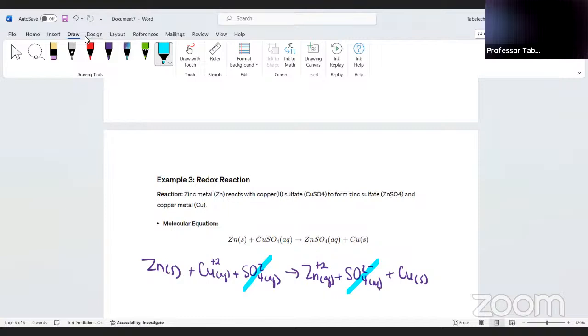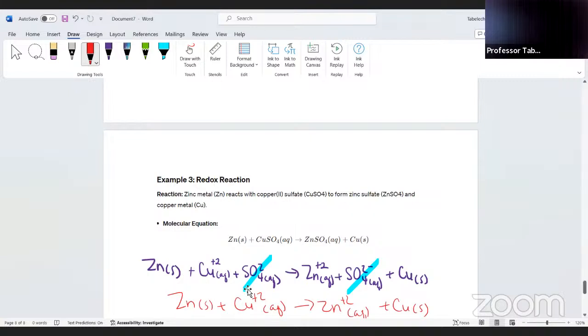These ions here, with your zinc solid plus your copper aqueous, producing your zinc 2 plus aqueous plus your copper solid, okay? That's your end result for this particular reaction. You just have metals forming as a result of this chemical reaction.